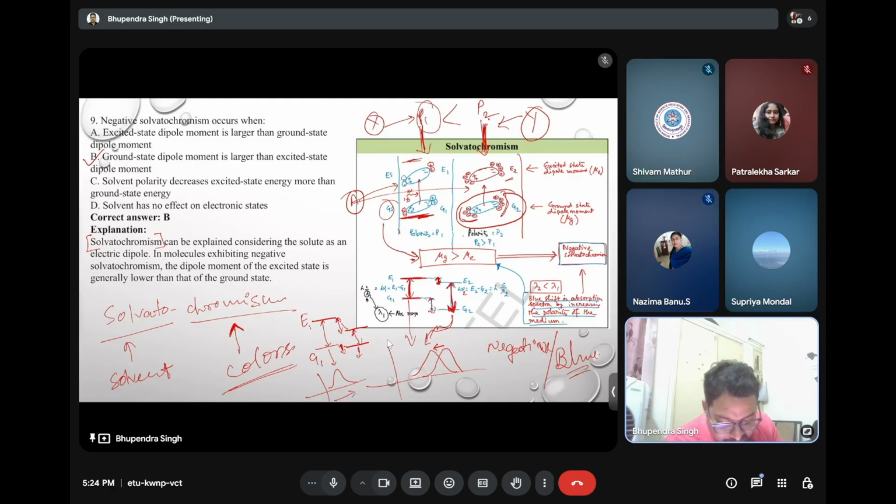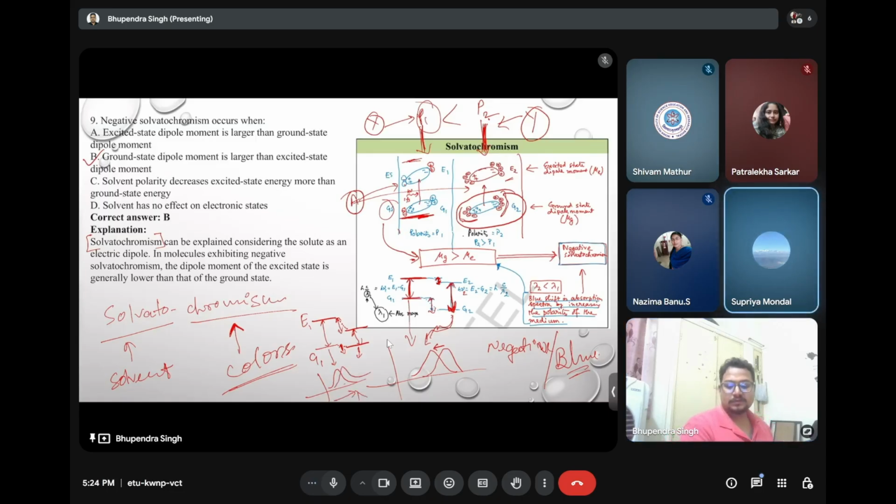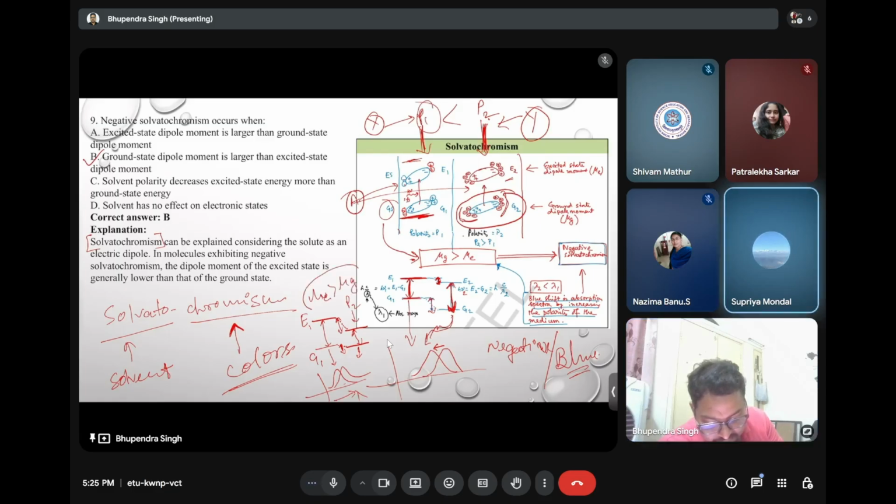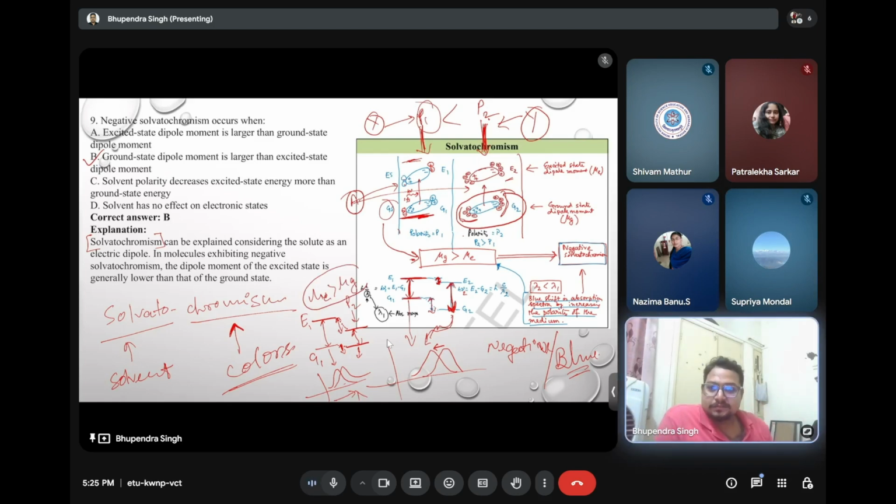This is your wavelength, lambda. It will shift. The condition is, in P2 polarity, mu E is greater than mu G. This has to be the condition to get the red shift in the highly polar solvent.